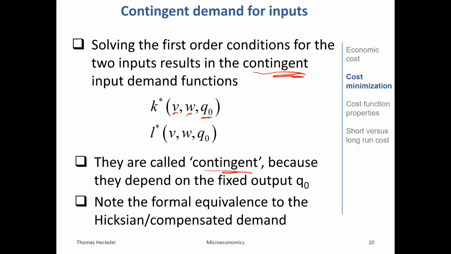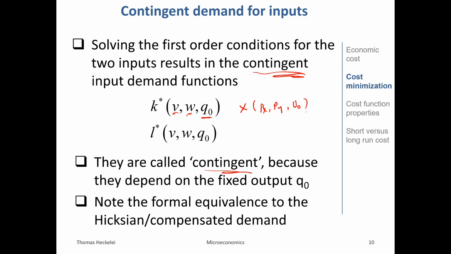And like I said many times until now, it's very similar to the Hicksian or the compensated demand function for consumption, like we had before. Remember, before that we had something like X of PX, PY, U0, right?